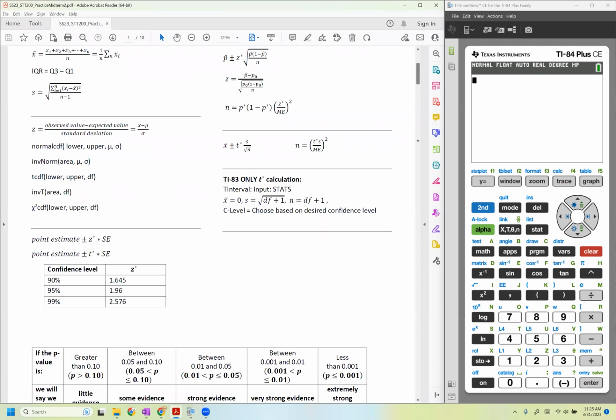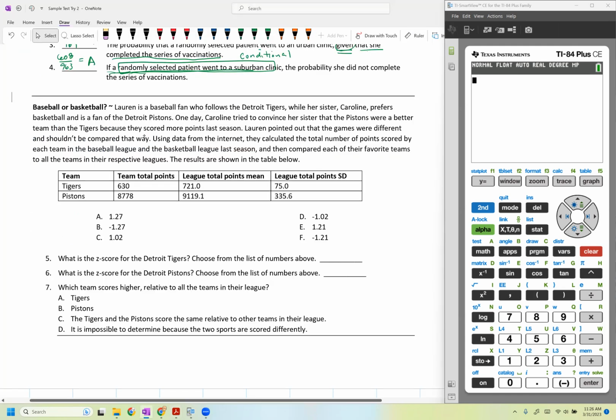Nice to know that the Z formula is here on your formula sheet. It's an X minus a mean divided by a standard deviation. All right. So if we're going to find the Z-score, let's say for the Tigers, it would be the X value, the number of points that the Tigers scored, minus the mean for the league, and we divide it all by the standard deviation.